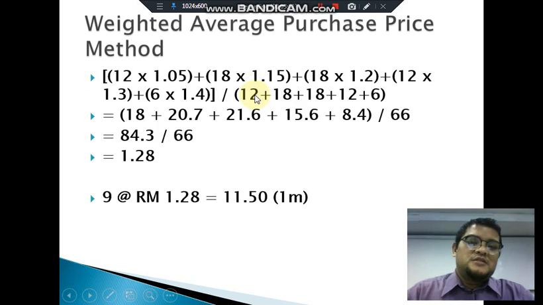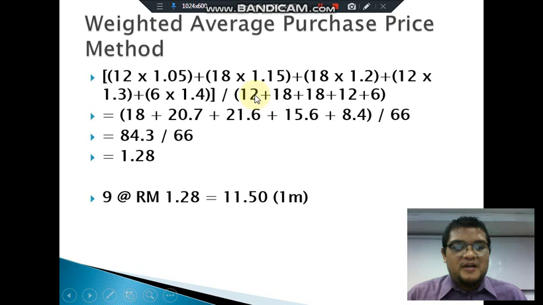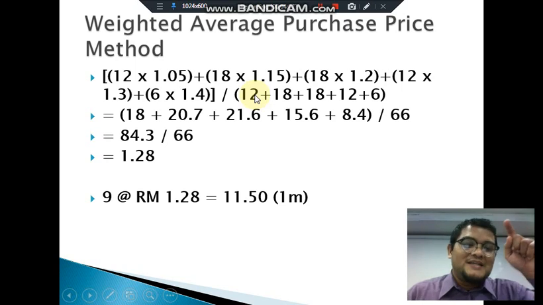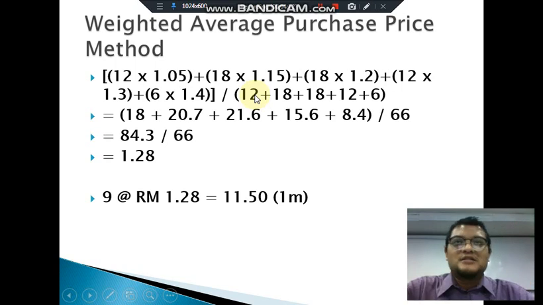Weighted average purchase price, this one you don't want to actually calculate one by one. You are not doing the proper rotation and so on, so you don't know the price. You don't put date and so on. If you don't put date and price, you don't know when you put each one in the storage.